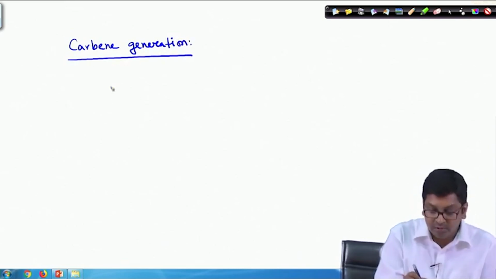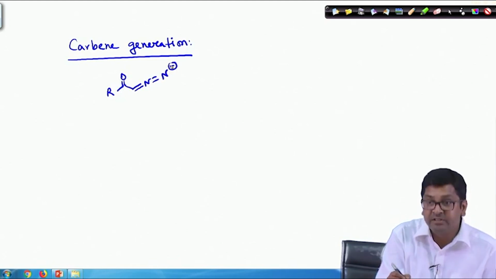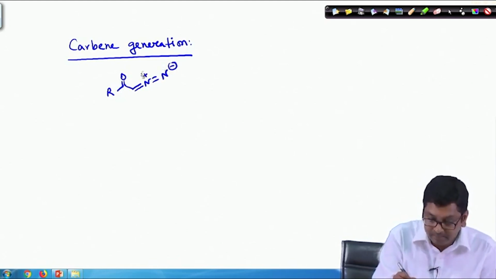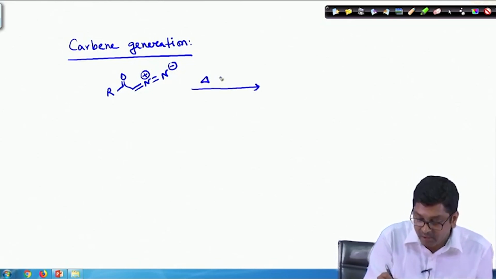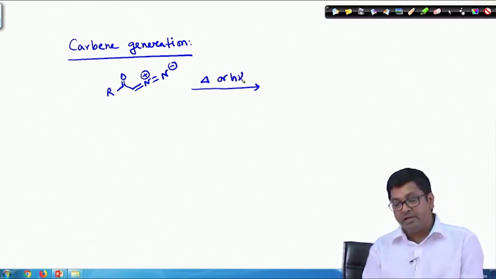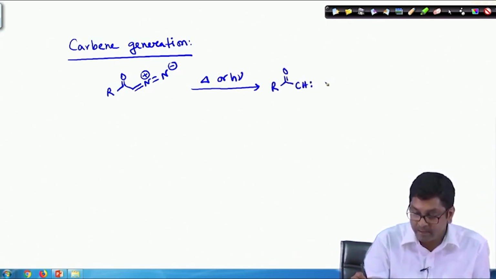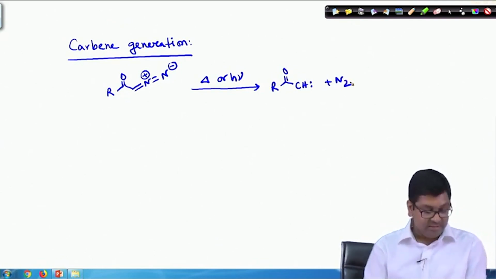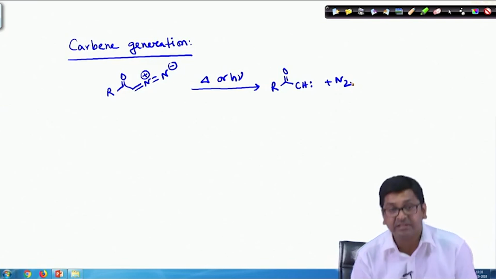Okay. So, these are the carbenes that we have generated. Okay, fine. Now, under thermal or photochemical decomposition, this will give the corresponding carbene plus nitrogen. Now, what drives this kind of carbene generation?